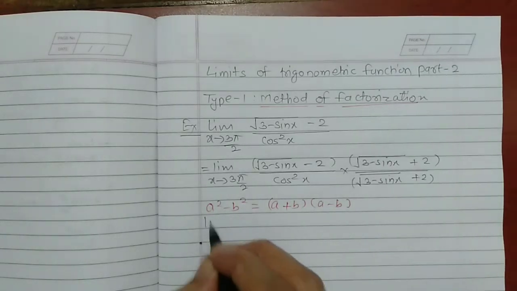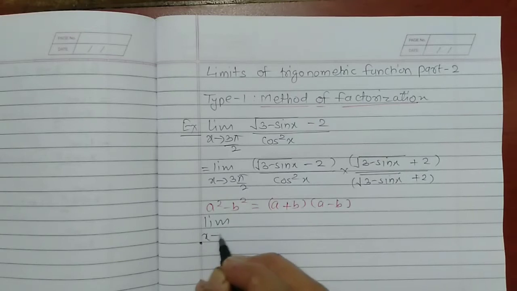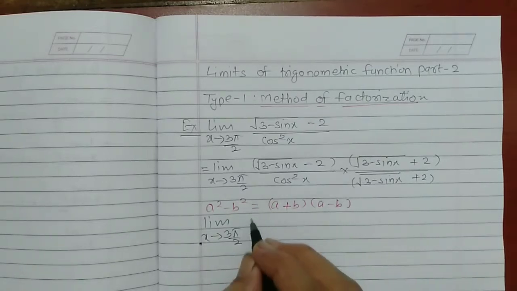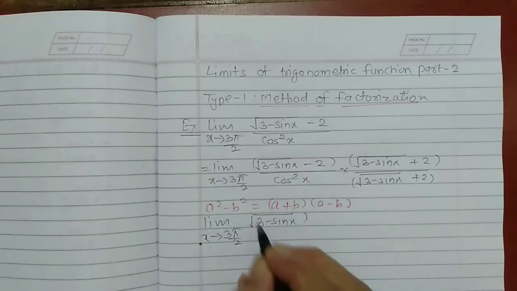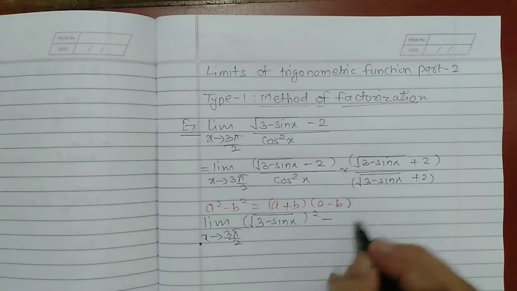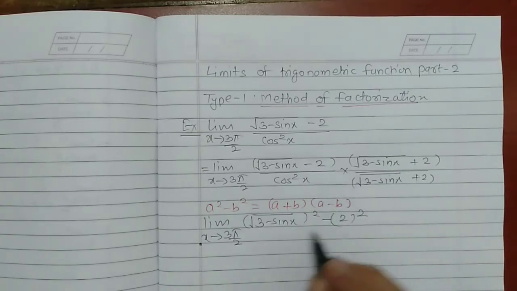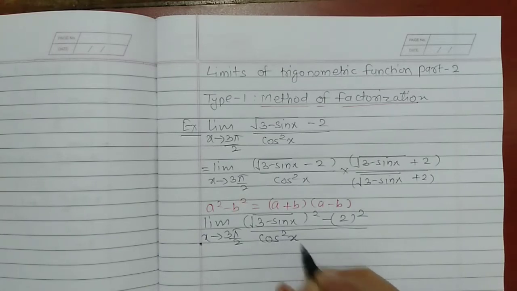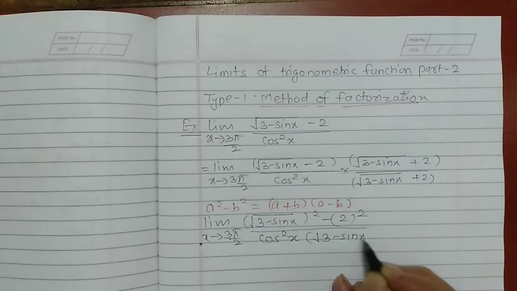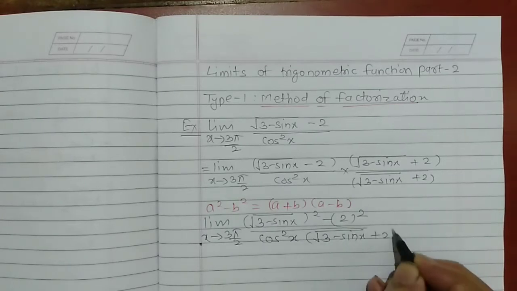So this is the limit x tends to 3 pi by 2 of root 3 minus sin x the whole square minus 2 the whole square, divided by cos square of x into root of 3 minus sin x plus 2.